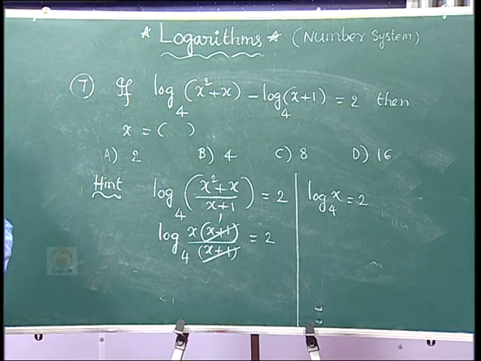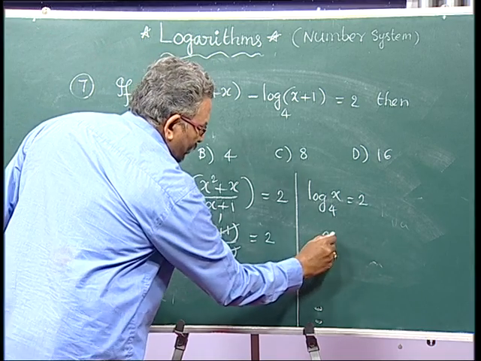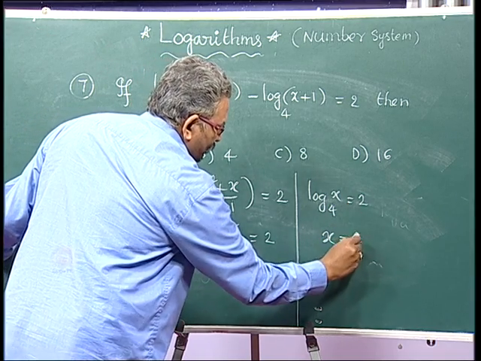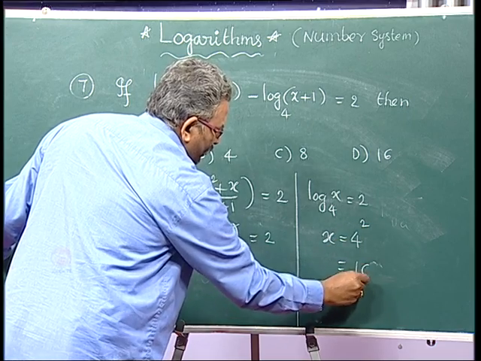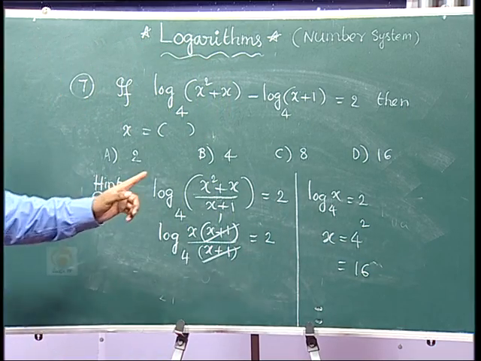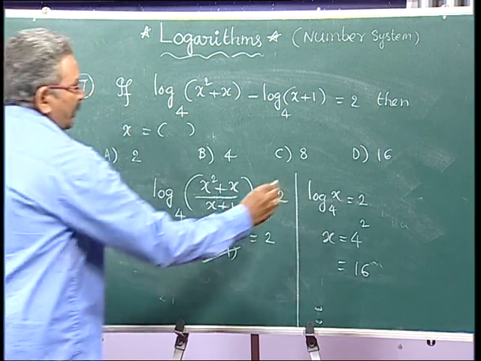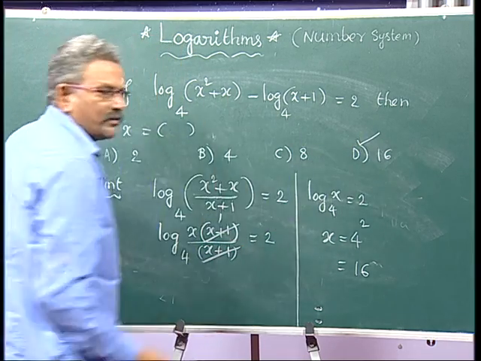Here we have to change the logarithmic form into the exponential form. So, that will be our answer. So, here x is equal to 4 raised to 2, 4 square, we know 16. So, which is the right option? Yes, D will be the right option.